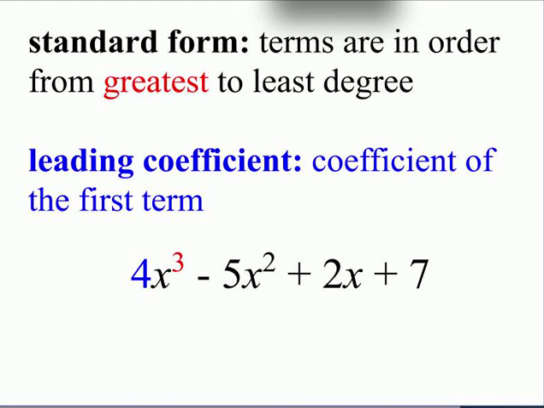So also we're going to talk about the leading coefficient, and basically the leading coefficient is nothing more than the coefficient of the first term. So in the example, you see that the exponents go in order. I start with x cubed, which is the highest, then I go x squared, x, and then my constant. My leading coefficient is 4.